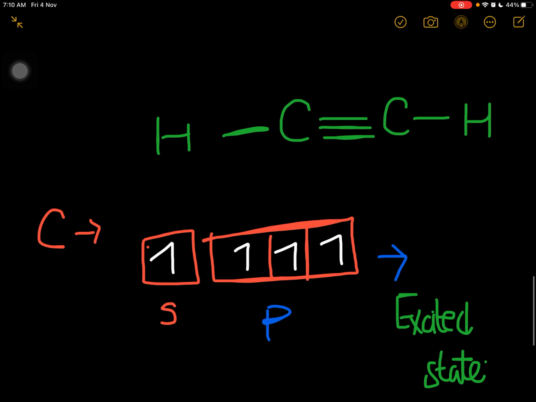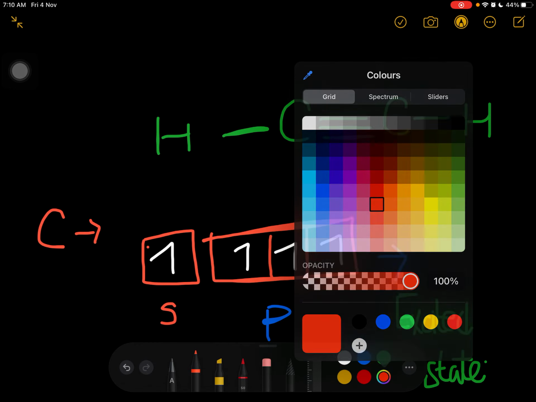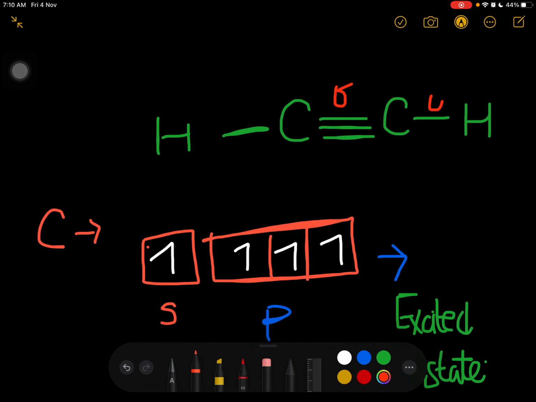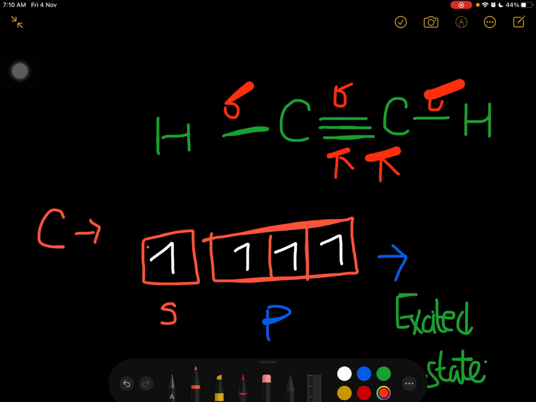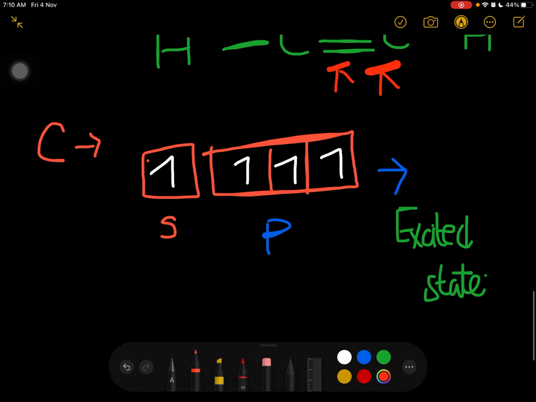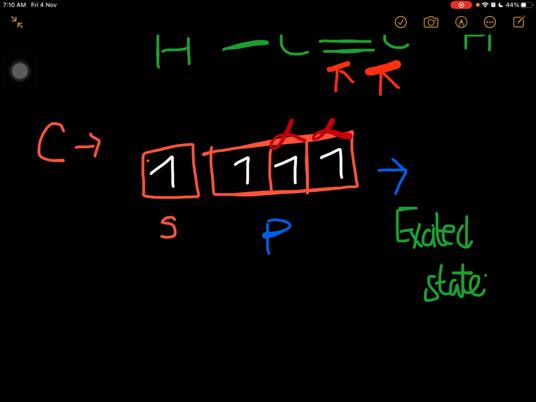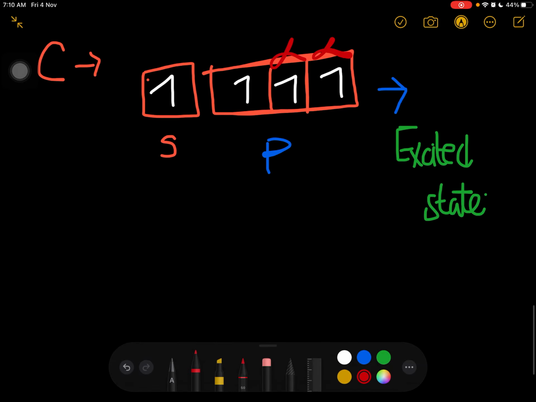Now you can see over here, how many bonds are there? You can easily see there is one sigma bond, and there are two pi bonds, meaning two p orbitals are involved in pi bonds. So we won't be counting the pi bonds here. We will eliminate two p orbitals from here, and only mix s and p, one s and one p.